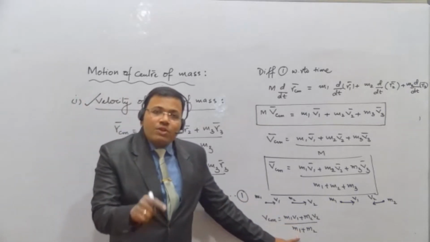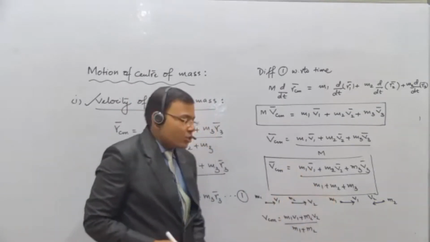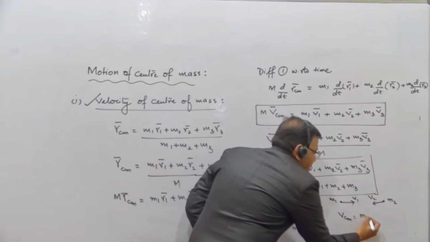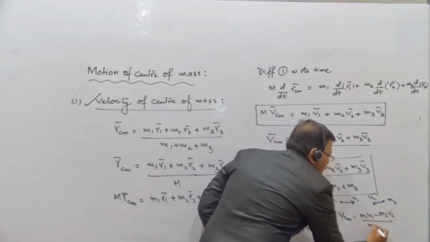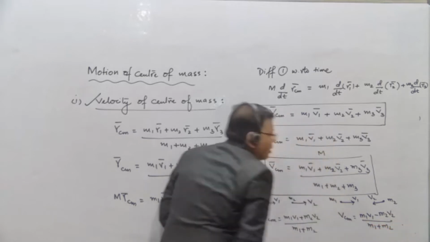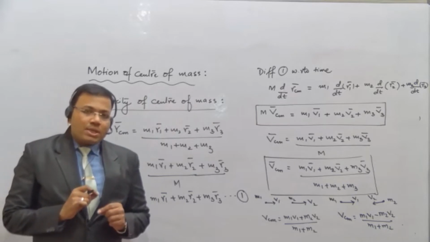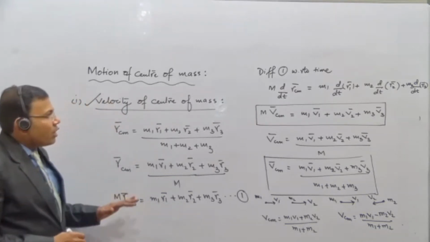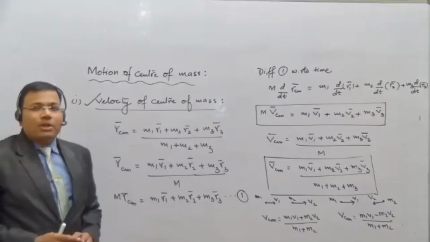In that situation, we have to use m1 v1 minus m2 v2 by m1 plus m2, because the direction is reverse. So you have to be very careful whether the particles are moving in the same direction or in the opposite direction. I hope you have understood the complete concept of velocity of center of mass.